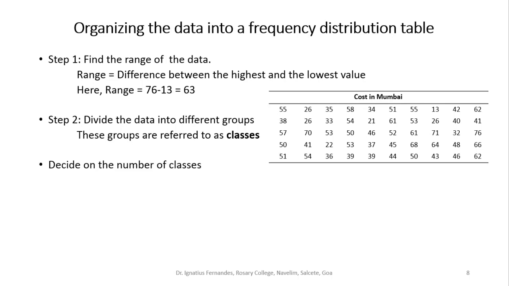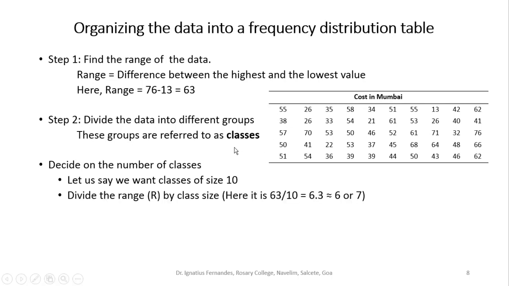Now I'll decide on the number of classes. To decide that, first I choose my class size. Suppose I take a class size of 10: 0 to 10, 10 to 20, and so on. In that case, I will divide this range, that is 63, by 10, where 10 is the size of the class.